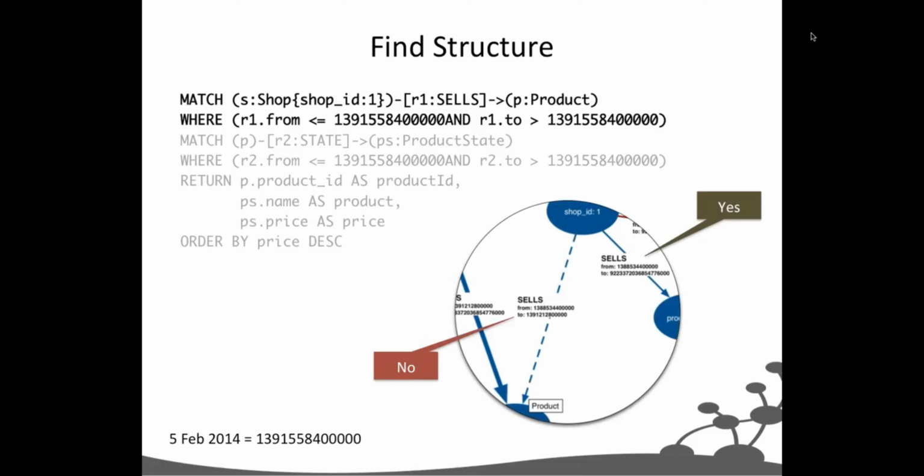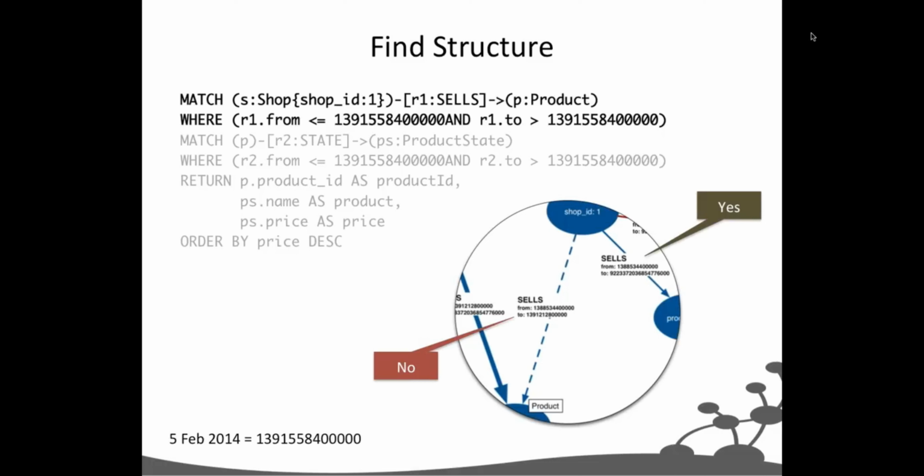Just noted at the bottom here that the 5th of February, when we turn that into milliseconds since the epoch, is this large number beginning 13915. Okay. So in the first part of the query here, we're simply finding all of the structure that's attached to Shop 1 that is relevant for the point in time that we're interested in.